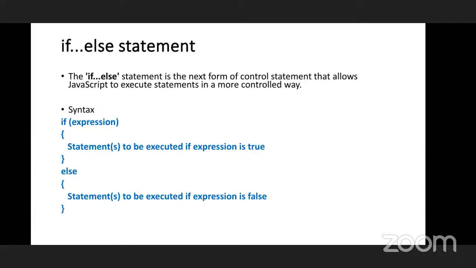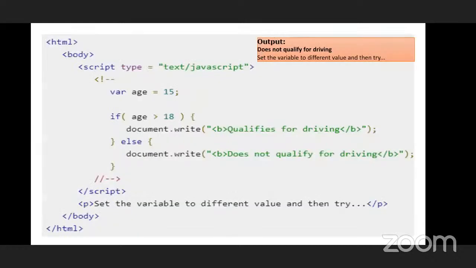Coming to the else, we have two blocks here: the if block and the else block. If this condition is true, this statement or these statements will be executed. If this condition is false, the else block will be executed. Very simple. See the example code. If age greater than 18, where the age value is 15, if 15 greater than 18, that is false now.